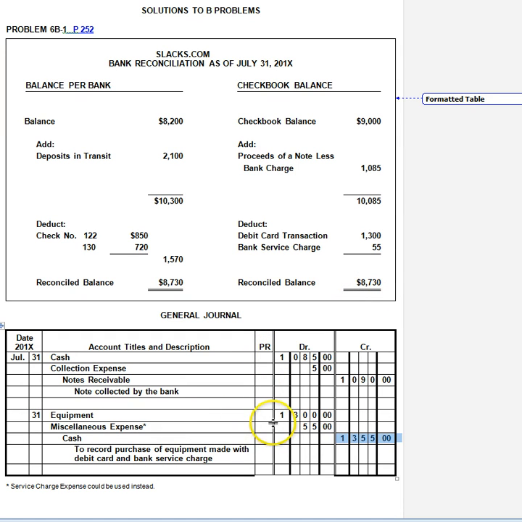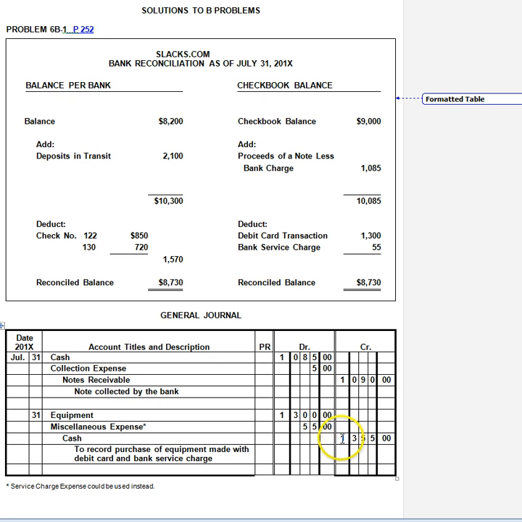Apparently, the two debits here, the 1300 was described as having a debit card purchase for a piece of equipment, so accordingly we debit the equipment account. So it would be like debiting equipment and crediting cash for 1300. They do it in a compound entry here by debiting miscellaneous expense and adding that 55 into the 1300.